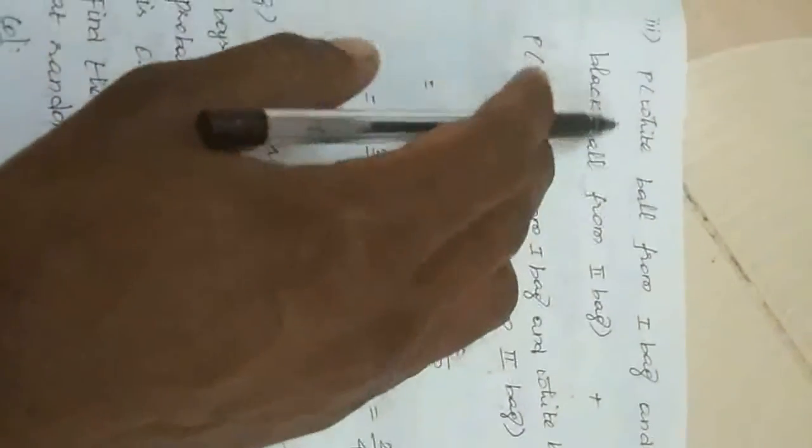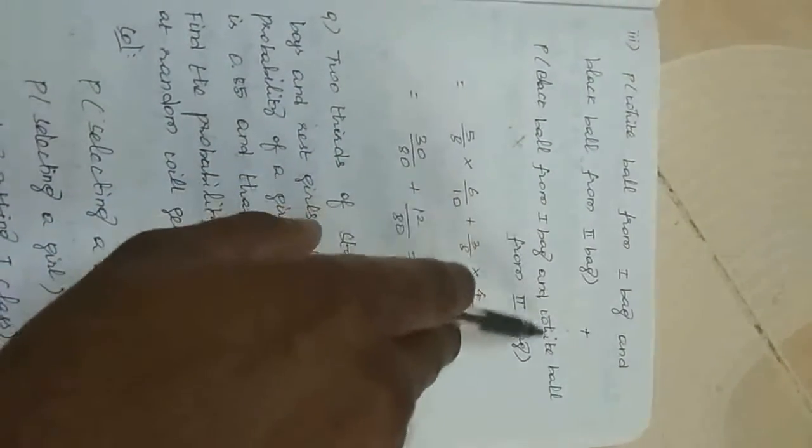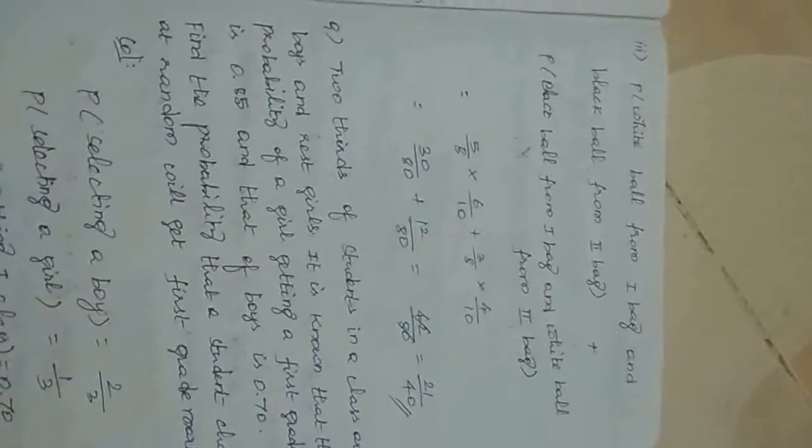Okay, after that third subdivision, probability of white ball from first bag and black ball from second bag plus probability of black ball from first bag and white ball from second bag.